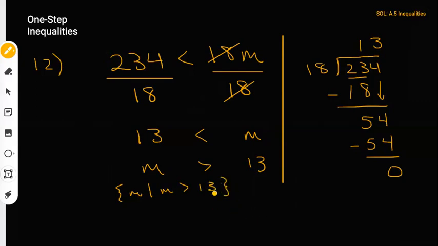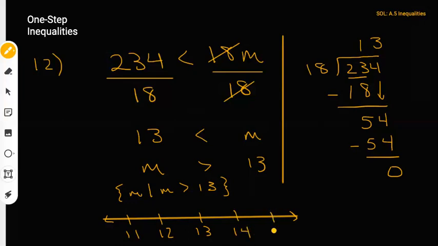And now comes my number line. 13 is going to be in the middle. 12 and 11 are going to be on the left side since they're smaller. 14 and 15 are going to be on the right side because they're greater than 13. So I'm going to put an open circle on 13.